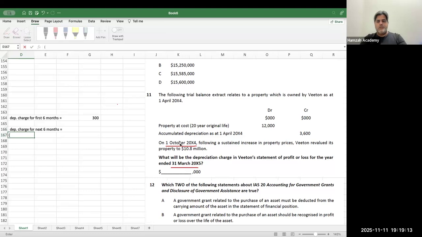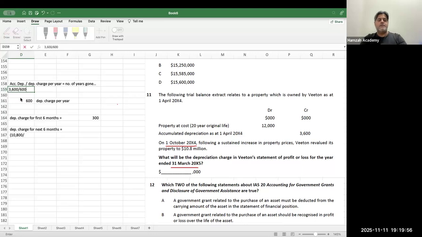So 10.8 million, that is 10,800 divided by the remaining useful life. We have the property over here and we don't have the life given straight away. If we don't have the life, the best thing is 12,000 divided by 20 years. 600 is the depreciation charge per year. Accumulated depreciation divided by depreciation charge per year is the number of years gone.